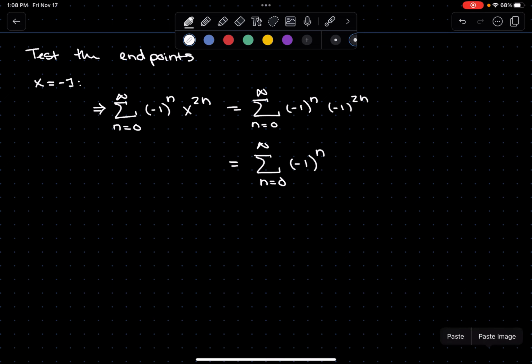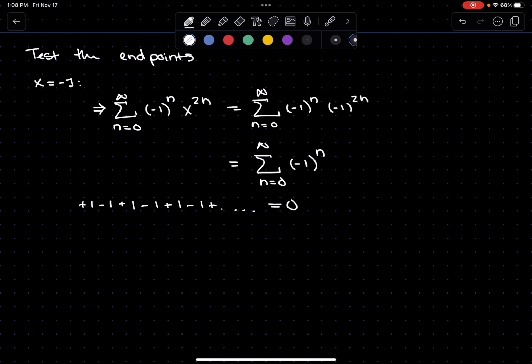Okay, does this series converge? So this is +1, -1, +1, -1, +1, -1, right? You might be tempted to say that this is equal to 0, because for every +1, we have a -1.